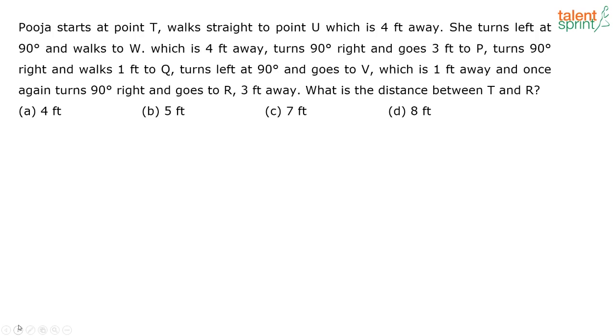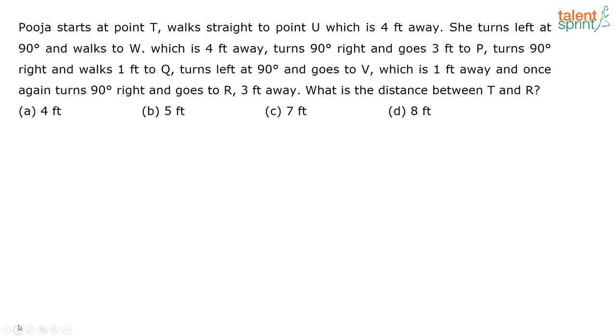So how do you approach this question? One thing that you can note in this question is that they are not mentioning any direction from which Pooja is starting. If they had mentioned that Pooja is facing the west, now she is going straight and taking 4 feet, going to a point U, something like that, then you can directly start with the diagram, if you know which direction Pooja is facing. But here, note that they have not given the direction.